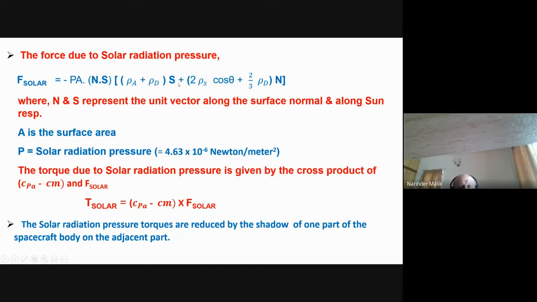So you can work out how much is along the normal vector and how much is along the sun vector, and mathematically it can be simplified. For the torque, if the force is acting at the center of mass, no torque is produced. So the torque is center of pressure minus center of mass, cross F solar.